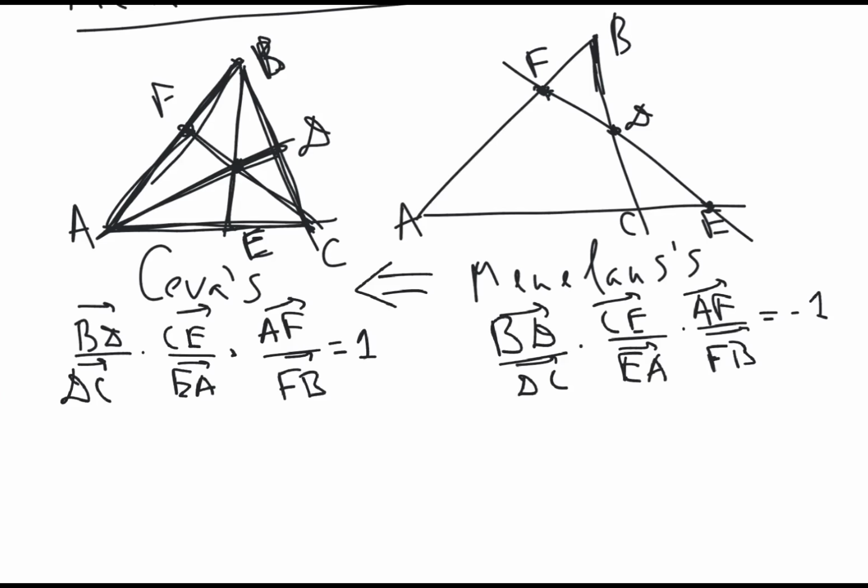Both Ceva's theorem and Menelaus theorem are criteria, so it's if and only if. The lines intersect at a single point if and only if this product is equal to 1, and in Menelaus theorem the points are collinear if and only if this product is equal to -1.